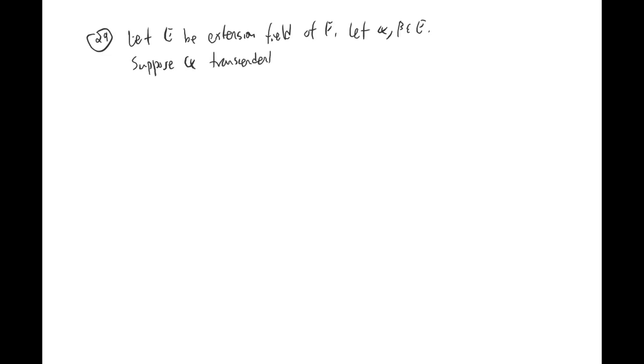So problem 29: let E be an extension field of F. Let alpha, beta be in E. Suppose alpha is transcendental over F, but algebraic over F of beta.